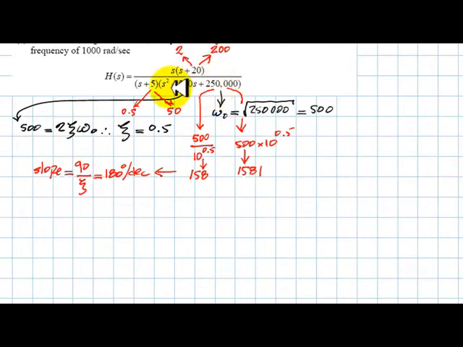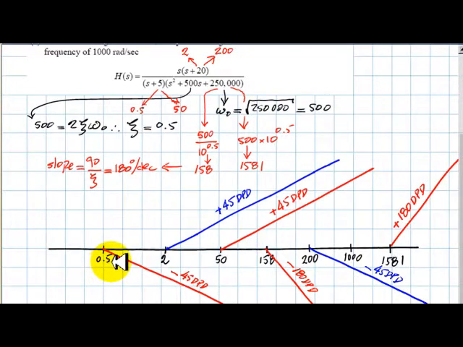And for this pair of complex conjugate poles, with the knee at 500 radians per second, one at 158 and another at 1581 radians per second. The slope contribution for this one is 90 divided by zeta, 0.5. That is 180 degrees per decade.